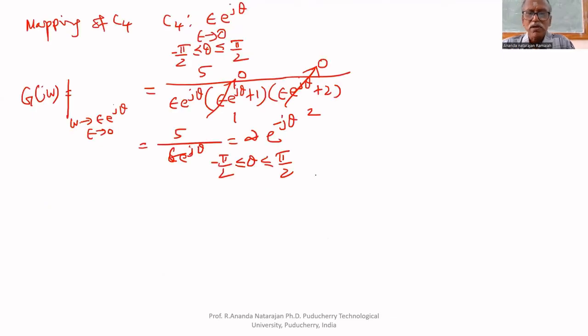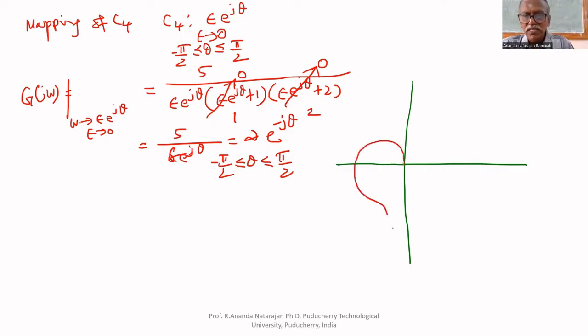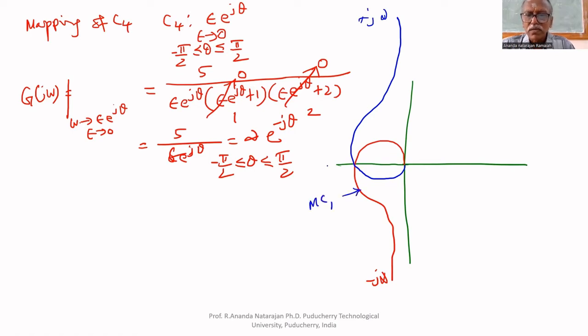So, what is the Nyquist plot? This is for C1, segment C1 up to minus j infinity. This is for C3, up to plus j infinity. This is the mapping of C1. This is the mapping of C3.